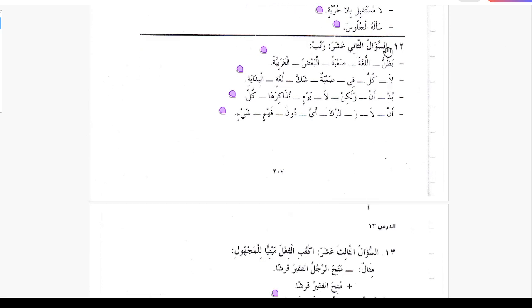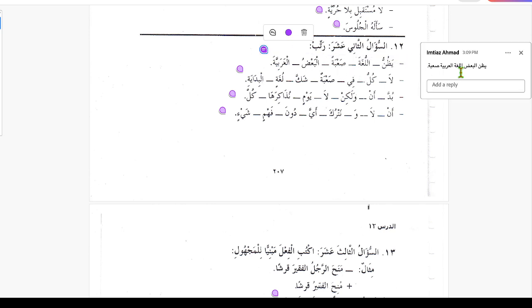Question number 12, aswalu sani ashara ratib. We have again put these words in order. So the first one we can use like this: yazunnu al-badu al-lughat al-arabiyyata sabatan. So this verb zanna yazunnu takes two maf'ul bihi. So yazunnu is the fi'l, al-bazu the fa'il.